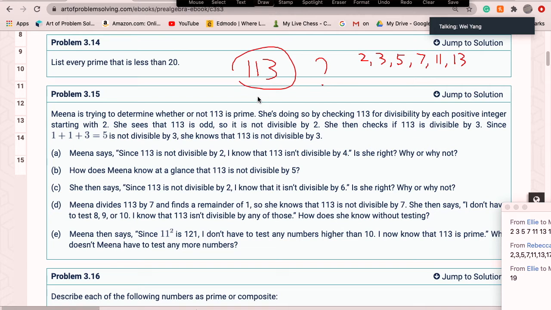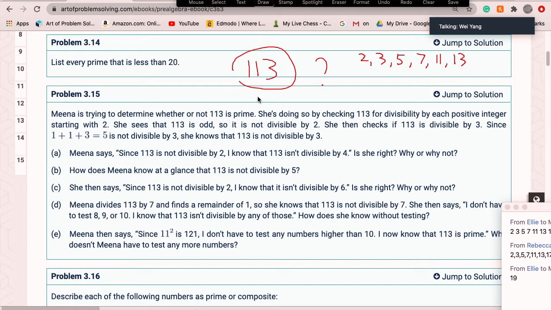So to do this, first we check 113. Don't do prime factorization first. You can try that, but it doesn't work at all. You cannot factor this one at all.